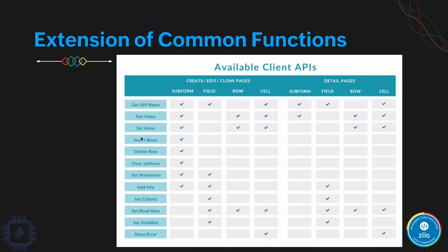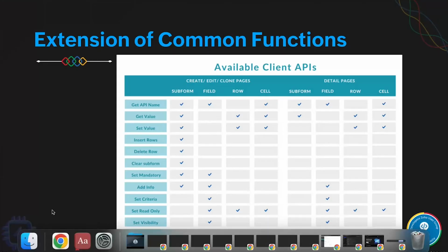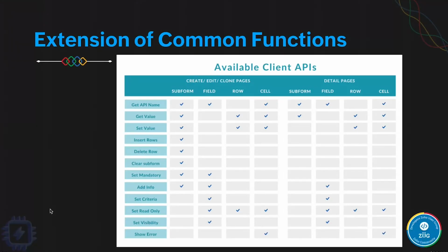For example, insert rows, delete row, clear subform, right? These are unique to subforms. Some of these are being worked on by the CRM team. So just keep an eye out on the documentation whenever you're going to work on a subform using client script.